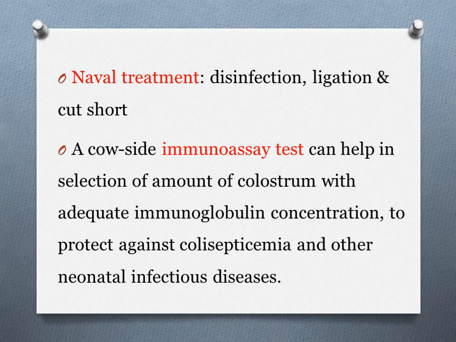At farmer level this is not practicable, but in a big farm where the animals are very costly and high producers, they can use this cow-side immunoassay test, and that is also techno-economically beneficial. Cost benefit is very high. It is economically feasible. So one should adopt this test in a big farm or where very highly precious animals are there.